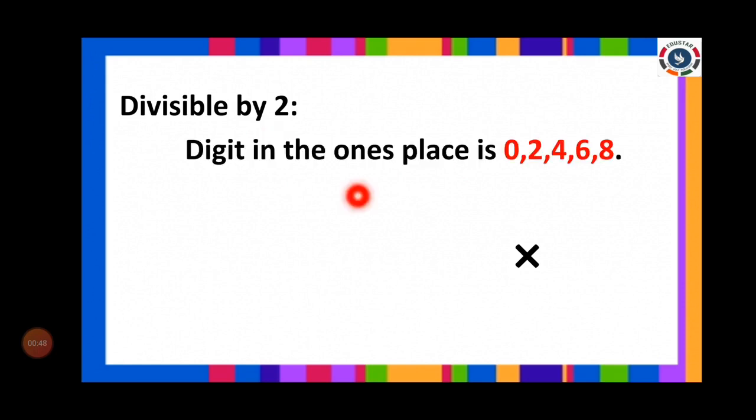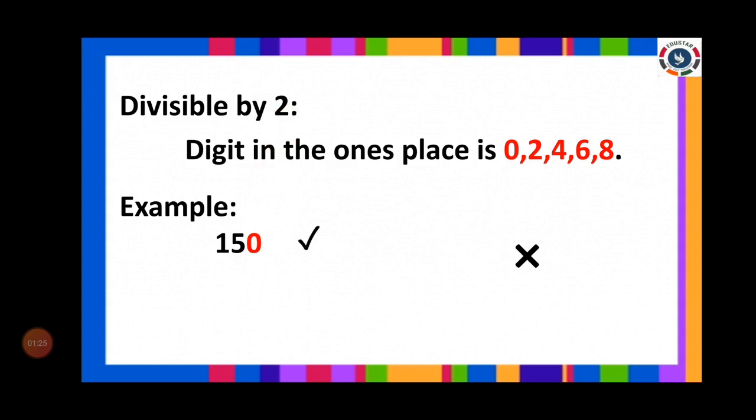If the digit in the ones place is 0, 2, 4, 6, or 8, then that number must be divisible by 2. For example, 150. In the last ones place, what number do we have? 0 is there, so it must be divisible by 2.